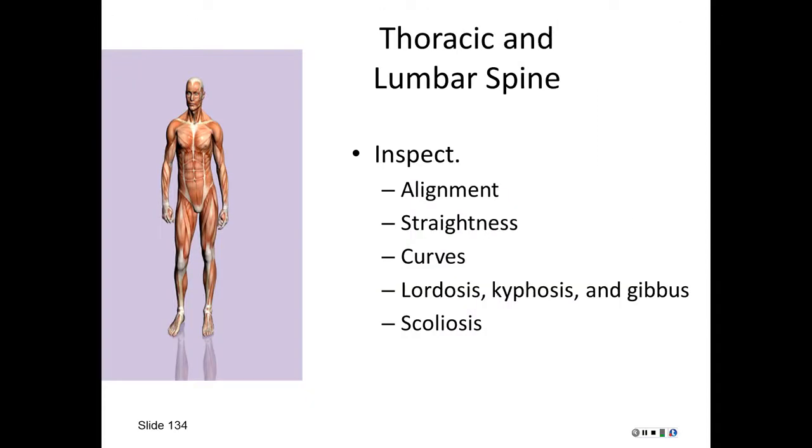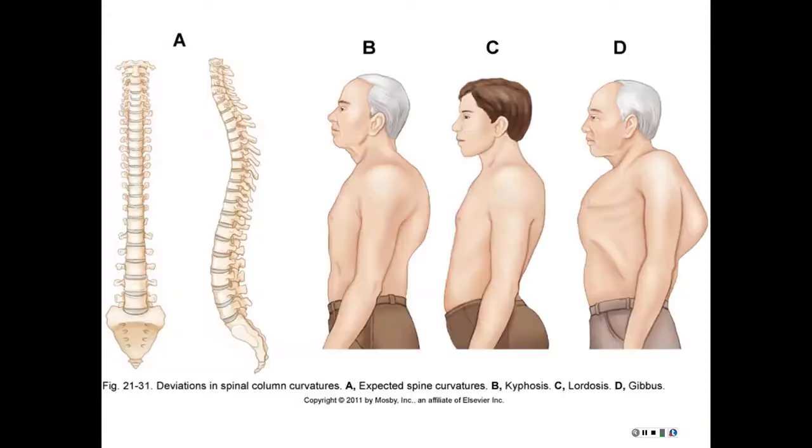Okay, thoracic and lumbar spine, look for alignment, straightness, curvatures, and you're going to look for lordosis, sway back, kyphosis, hump back, and scoliosis is having an S on the back. And so here you go. You've got the normal spine, that's the anterior view, and the side lateral view is you're seeing the normal curvature of the spine to the far left.